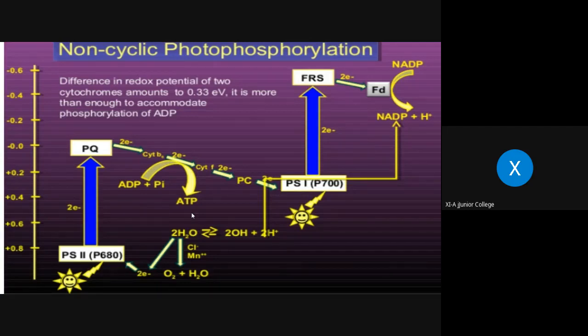These H plus ions are accepted by NADP to form NADPH. And from OH minus, electrons are removed, which are accepted by photosystem 2. And then that OH forms what? 4 molecules of OH form water molecules and oxygen is released. Is that clear?